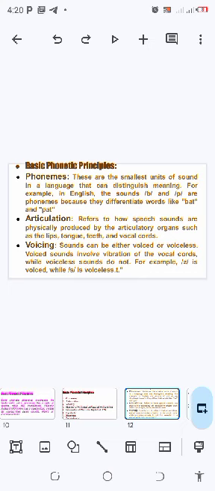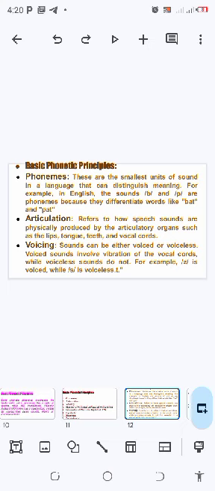So the basic smallest unit of sound is what we call phonemes. So any sound that is recognizable in a language is considered a phoneme. So if you are asked what a phoneme is, it is the smallest unit of sound in a language that can distinguish meaning.